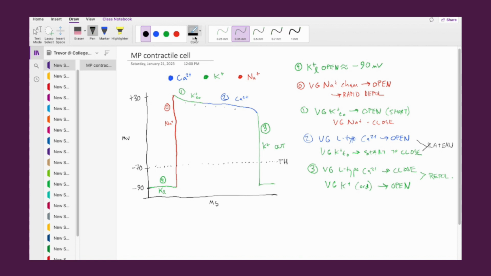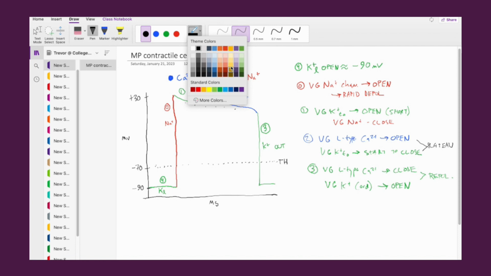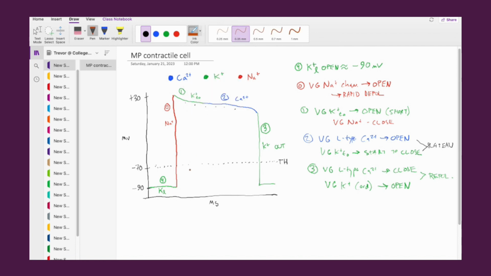The very last thing I want to point out here, let's do a new color. How about some orange? Is that if we were to plot a contraction of a contractile cell on this same figure, we would have different axes, but it would look something like this.